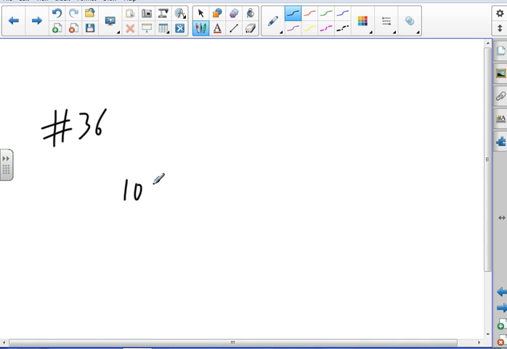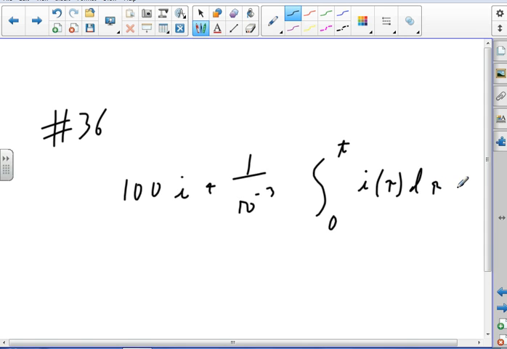So 100 I plus 1 over 10 to the minus 3 times the integral from 0 to t of I of tau d tau is equal to 100.